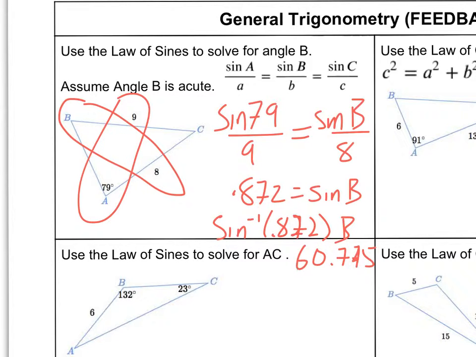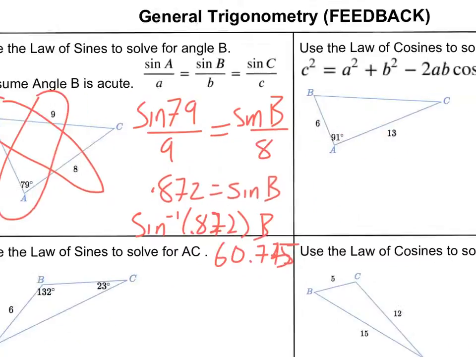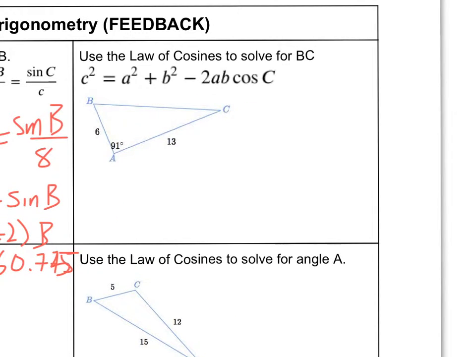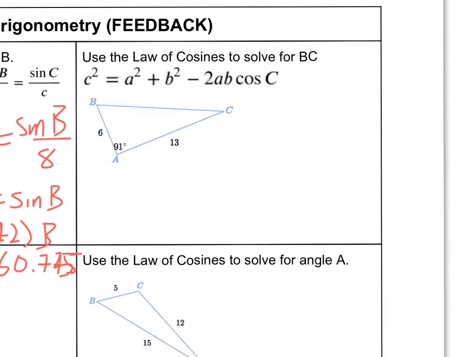Next thing down is going to be law of cosines, so that means I'm going to go across. So using the law of cosines, we're going to solve for BC. That's up here. That's going to be A, so that means we're going to switch our law of cosines around. I'm going to swap the letters A and C. So when I see an A, I'm going to write a C. When I see a C, I'm going to write an A. And now plug things in.